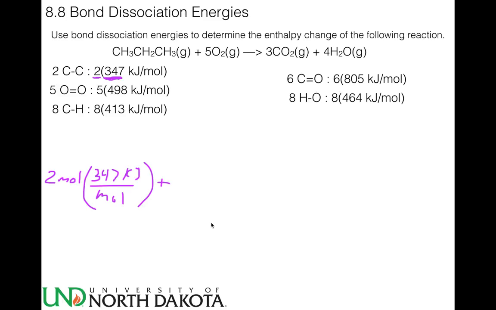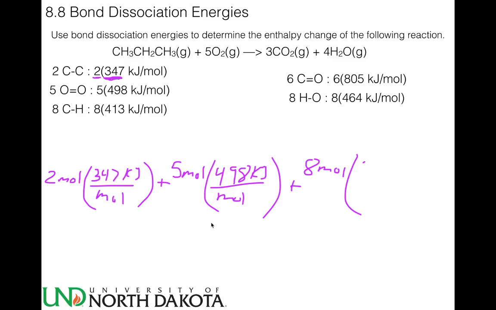And then to that we'll add our 5 moles of oxygen-oxygen double bonds and multiply that by the BDE of an OO double bond, 498 kilojoules per mole. And then to that we'll add our 8 moles of carbon-hydrogen bonds by their bond dissociation energy, 413 kilojoules per mole. These are all of our reactants now. So we will do our multiplication and then add them up.